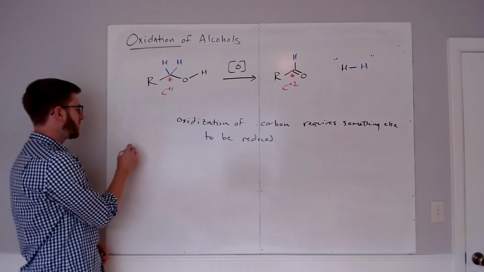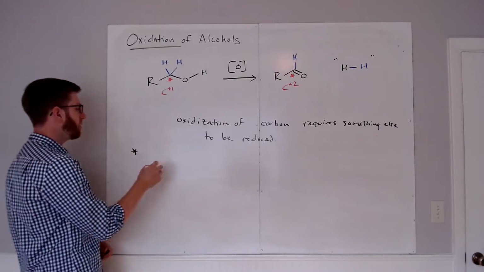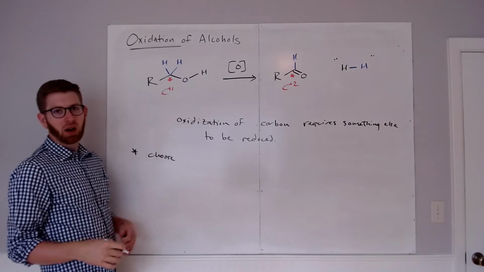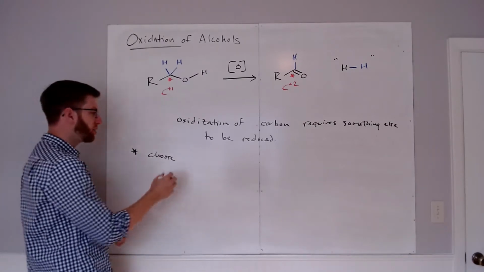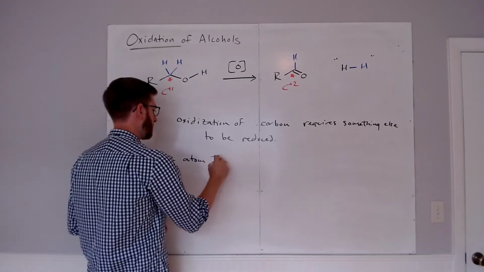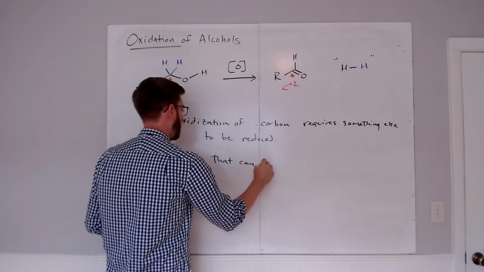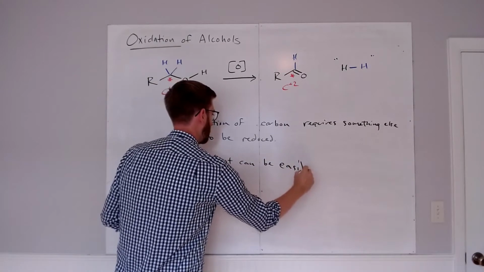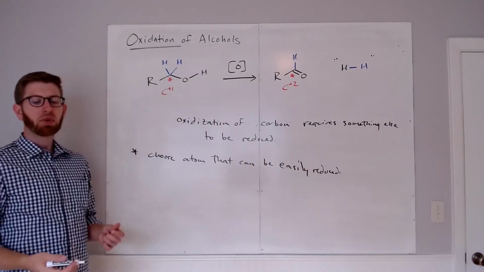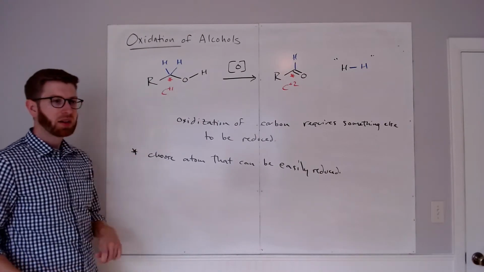So in essence, designing an oxidation of an alcohol requires us to choose which atom in particular within a reagent that's going to be easy to reduce. This is essentially like a design principle for coming up with ways to oxidize alcohols.